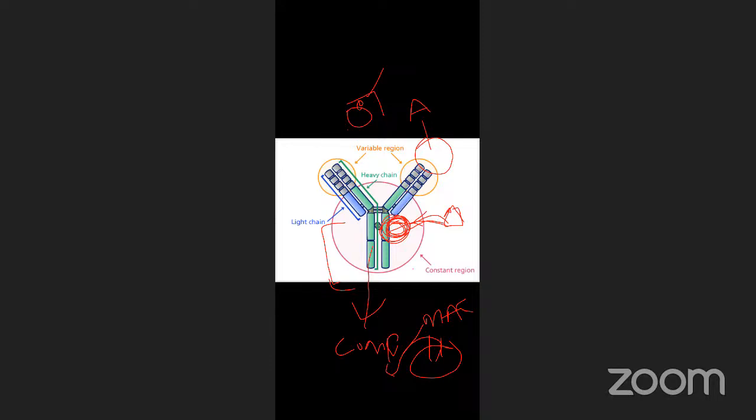The binding of complement protein with the complement receptor on the Fc region of the antibody attracts different types of phagocytic cells to the infected site, or to different sites where phagocytic cells are required. So this is the major function. These are the three major functions of immunoglobulin.